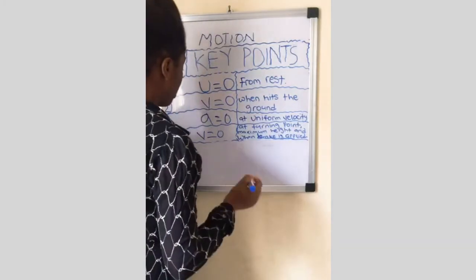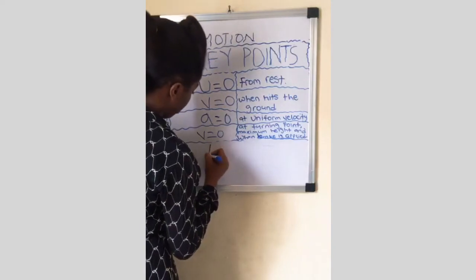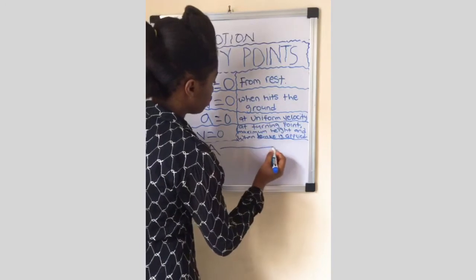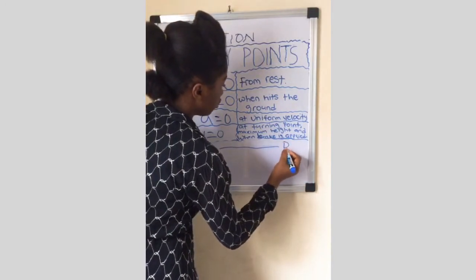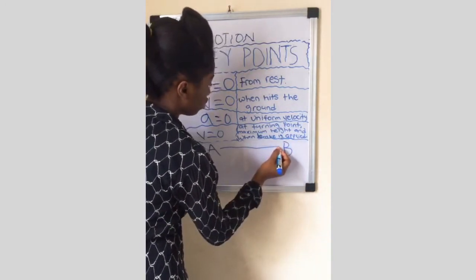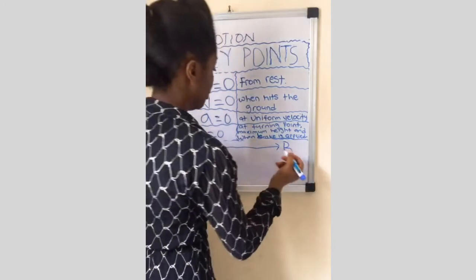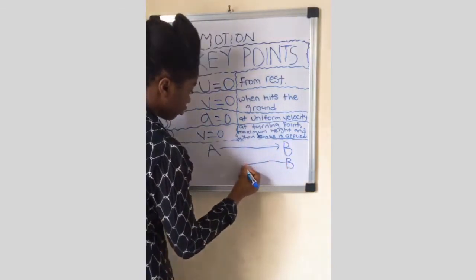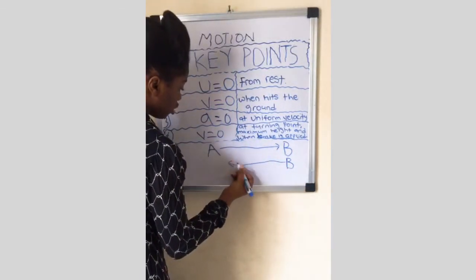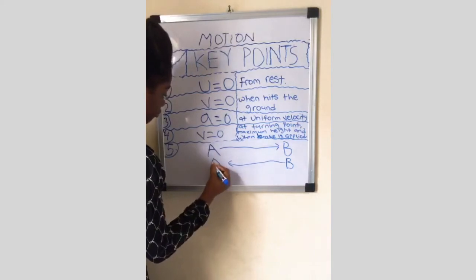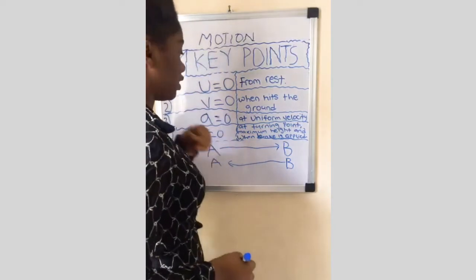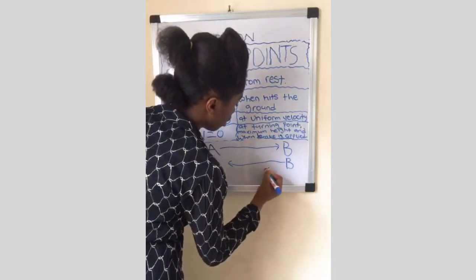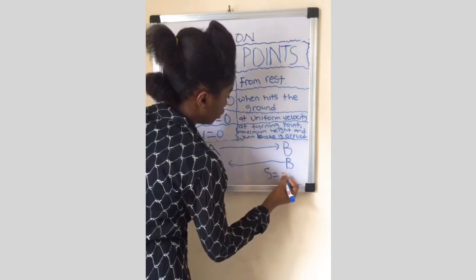A body travels from point A down to point B. Now from point B, it travels back to point A. So when the body travels like this, the vertical distance, which is denoted with s, is equal to 0.